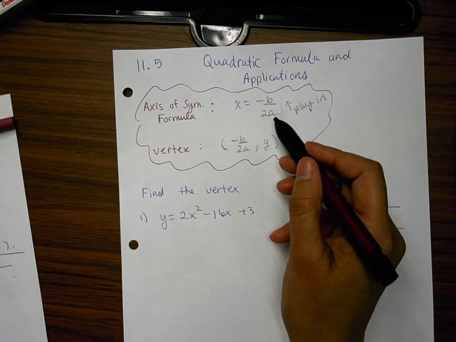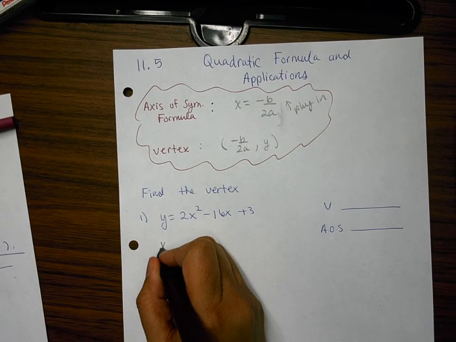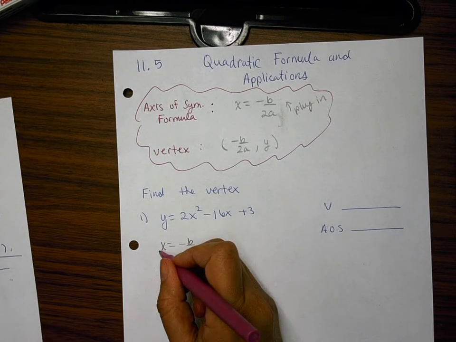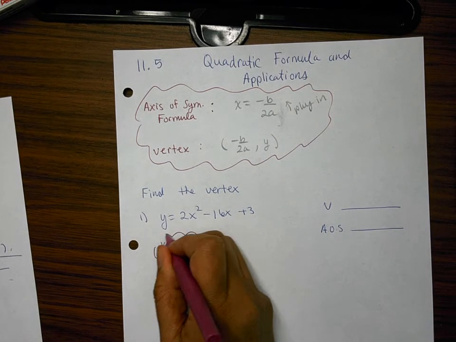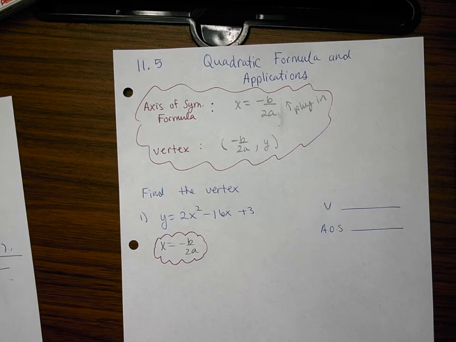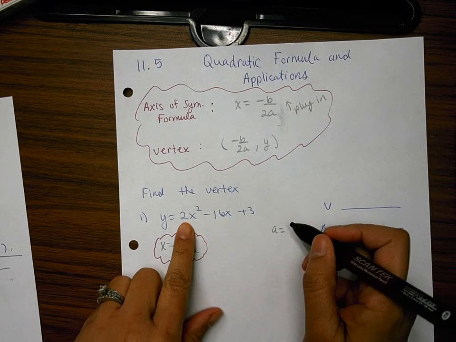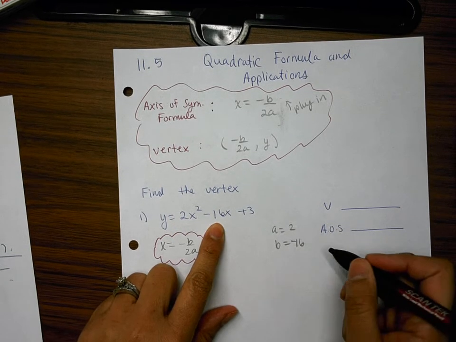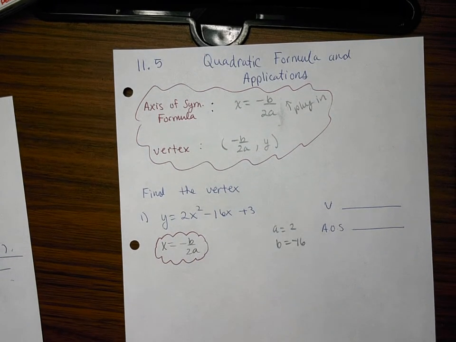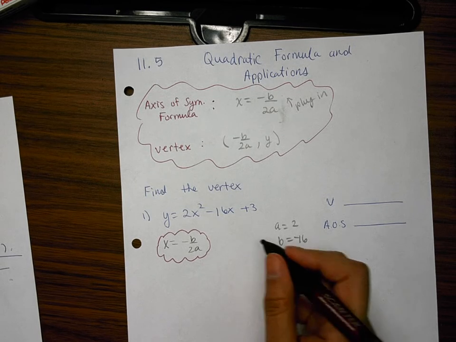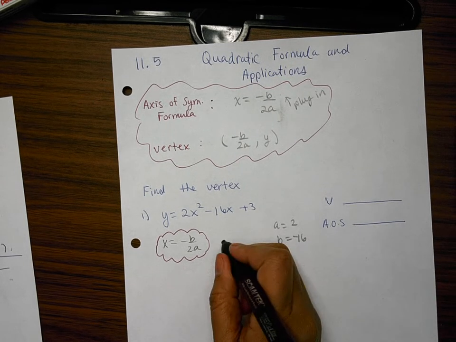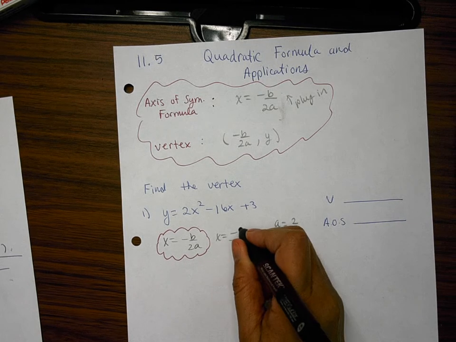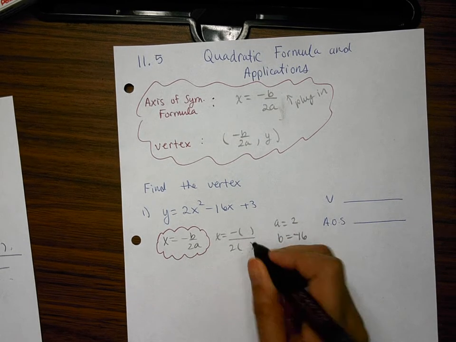Okay. So we're going to use the formula x equals negative b over 2a. In order to do that, we need to know what a and b are. A is the leading coefficient, 2. B is negative 16. We don't need the c, so I'm not going to write it, but c is 3 if you needed it. Okay, so we are going to do x equals opposite of b over 2 times a.